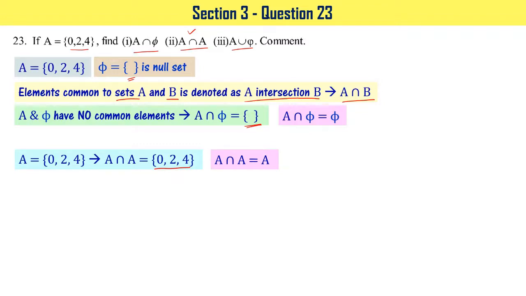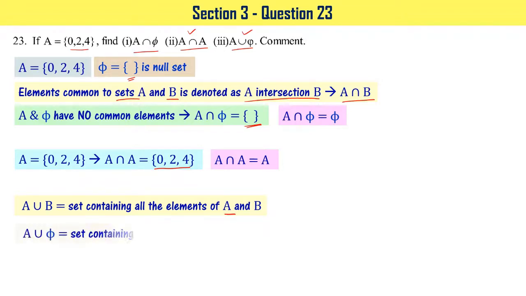Now let's go to the third part, that is A union Phi. A union B is defined as the set containing all the elements of A and B, right? A union Phi is going to be the set containing all the elements of A and Phi, right? Phi has no elements.